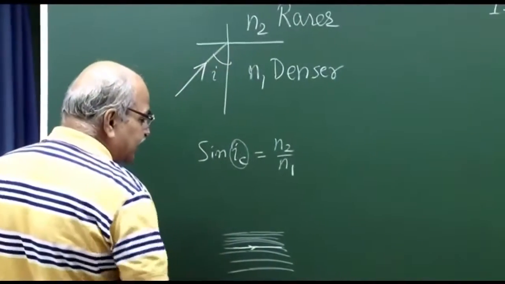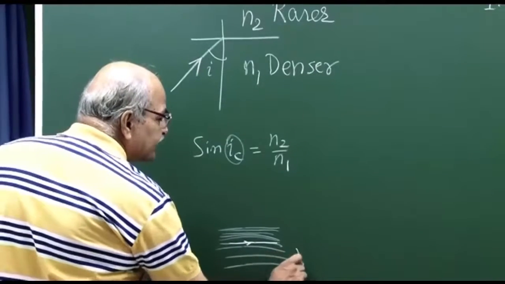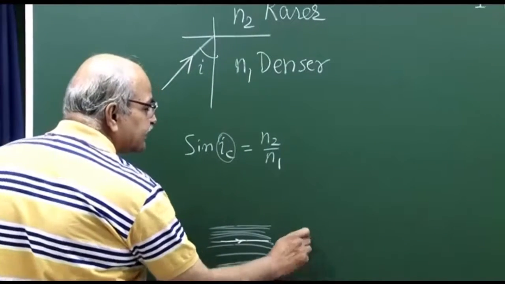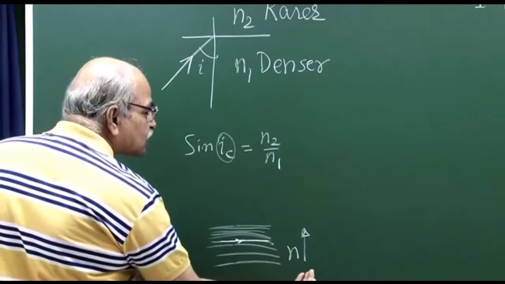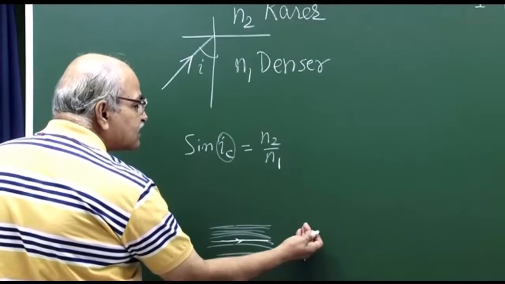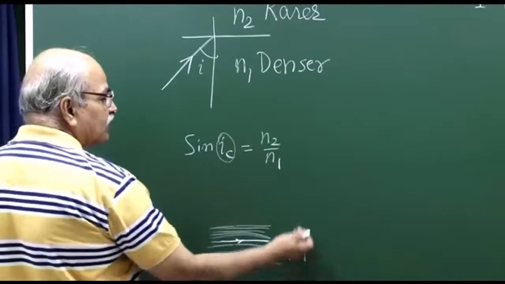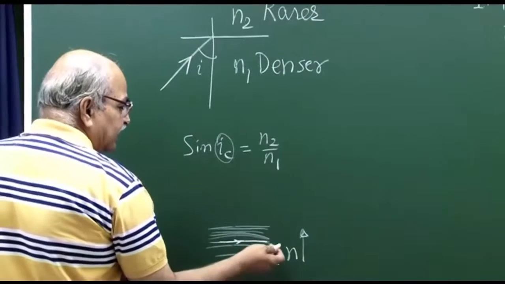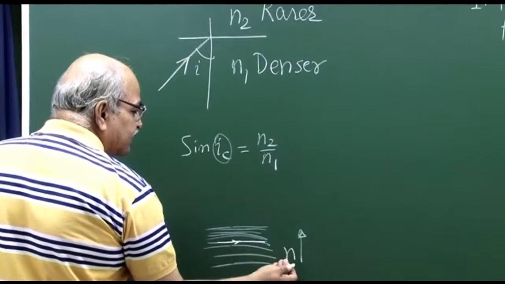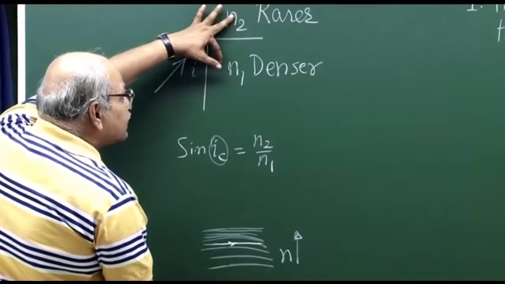There is no discontinuity. This N is changing, increasing or decreasing smoothly with this direction X. So the refractive index does not have any discontinuity.